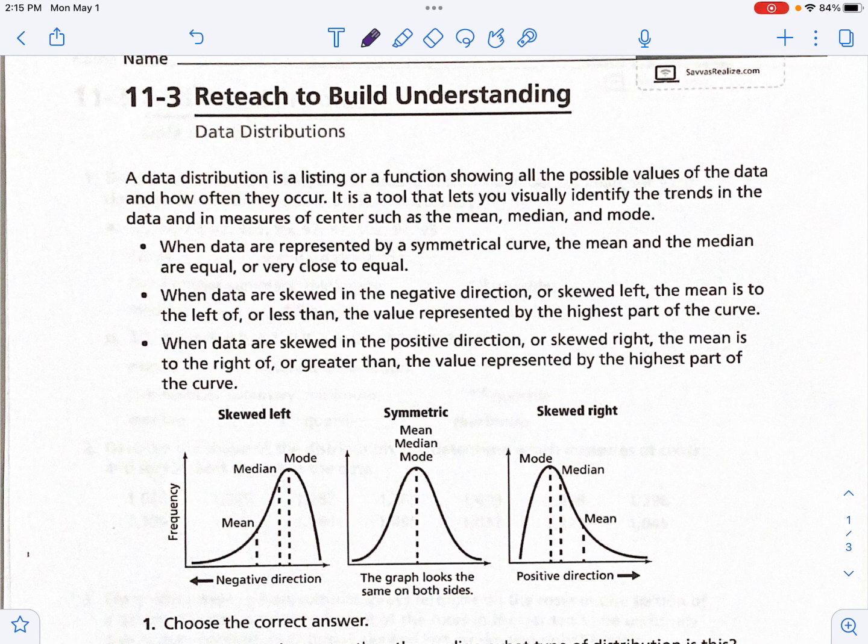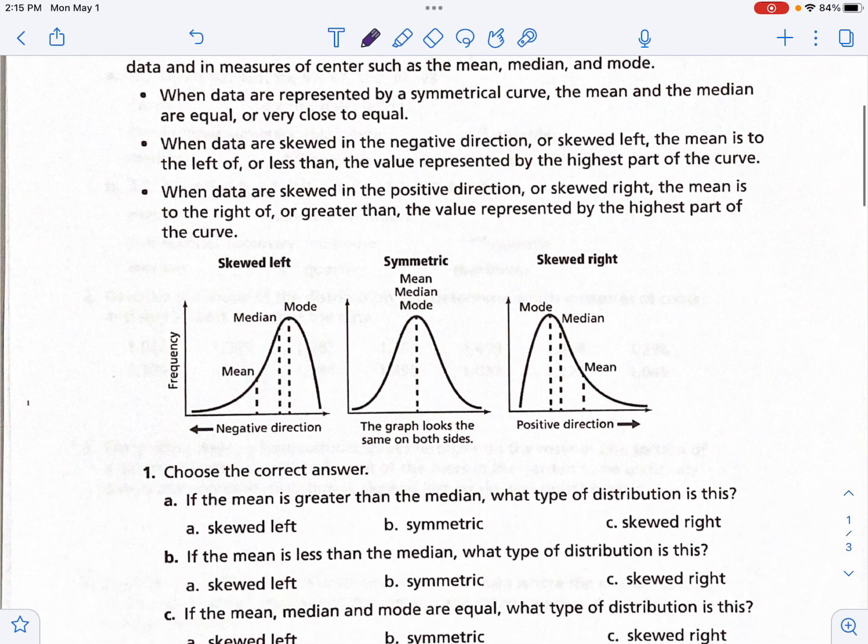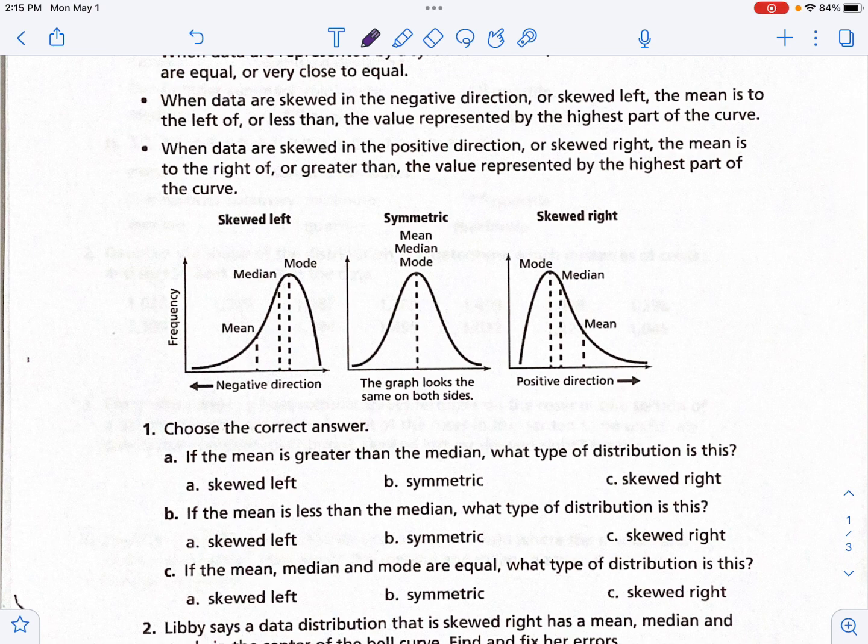All right, so we've all seen a histogram, right? We know what they look like, or a bar chart, and so when we graph those, it's really easy to tell how the data is distributed. Like, are they all about the same? Are they even? Are there more big numbers? Are there more little numbers? That kind of thing. So here are the 3 different kinds of what are called distribution.